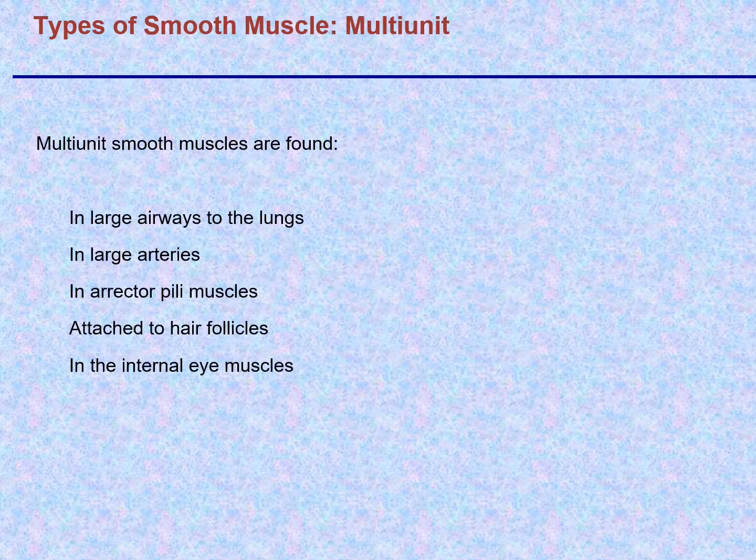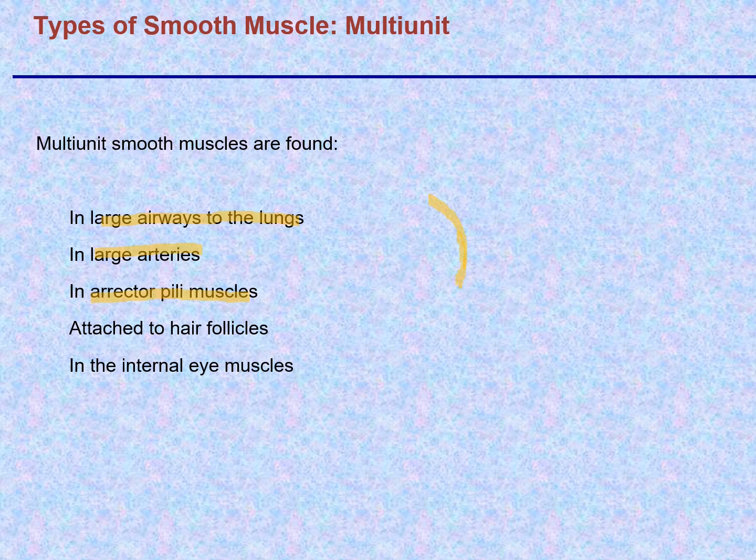Also, there's multi-unit smooth muscle. This kind of multi-unit smooth muscle tissue is found in the larger airways leading to the lungs, in the larger arteries, and in erector pili muscles. These are muscles that are attached to hair.